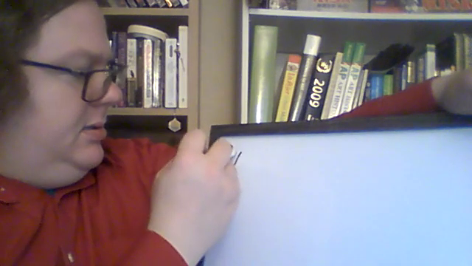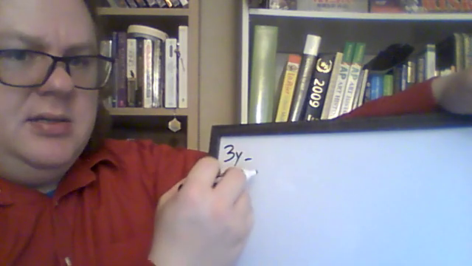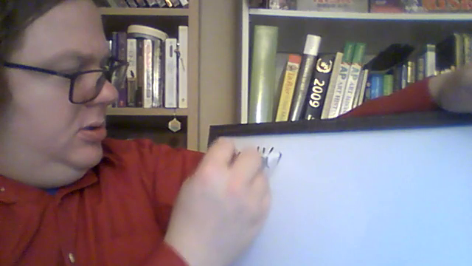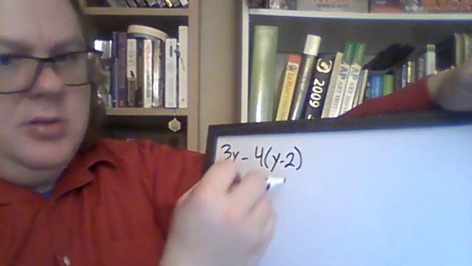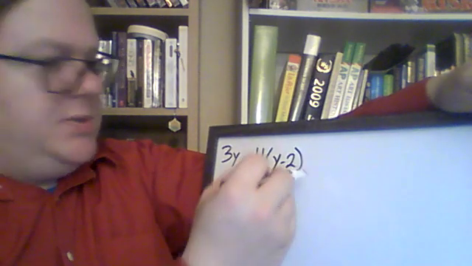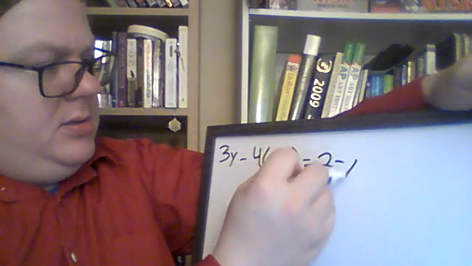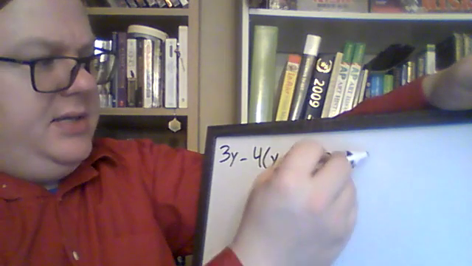Let's look at the next one. 3y minus 4y minus 2 equals 2 minus y plus 10.